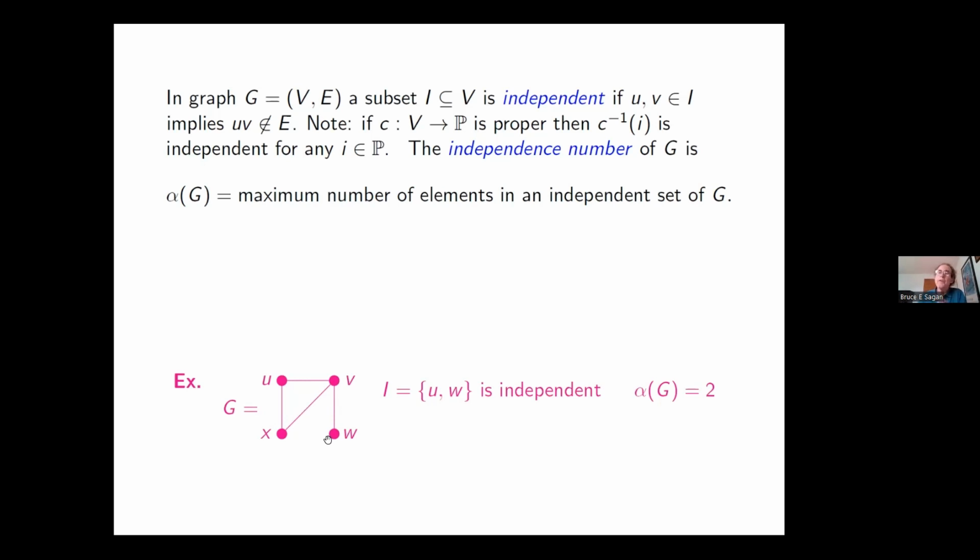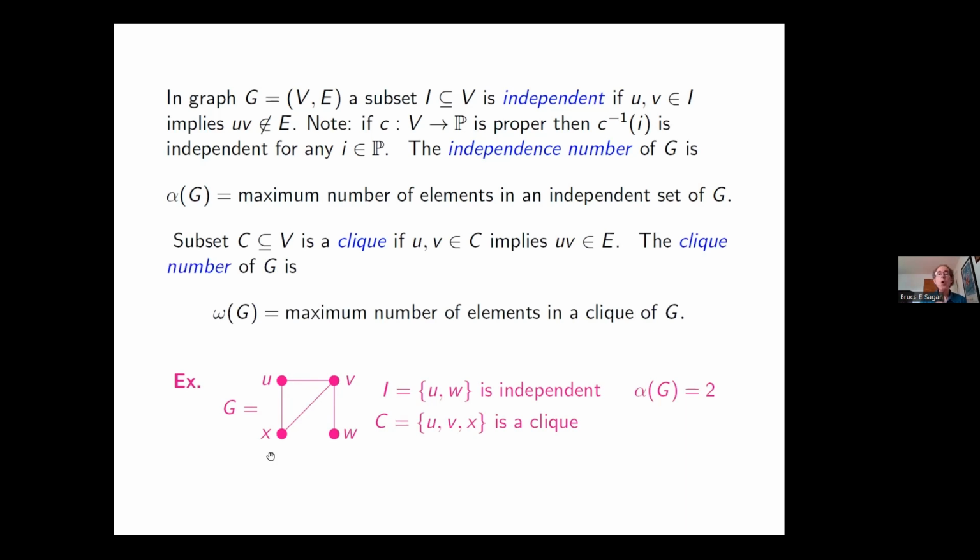Now we're going to go to the other extreme. A subset of the vertices is a clique if whenever you pick 2 vertices from that subset, you always have an edge between them. So for example, as we just pointed out, UVX here is a clique. It's a triangle. They're all adjacent. And then we have omega of G, the clique number, which is the maximum number of elements in a clique of G. And I claim omega in this graph is 3.